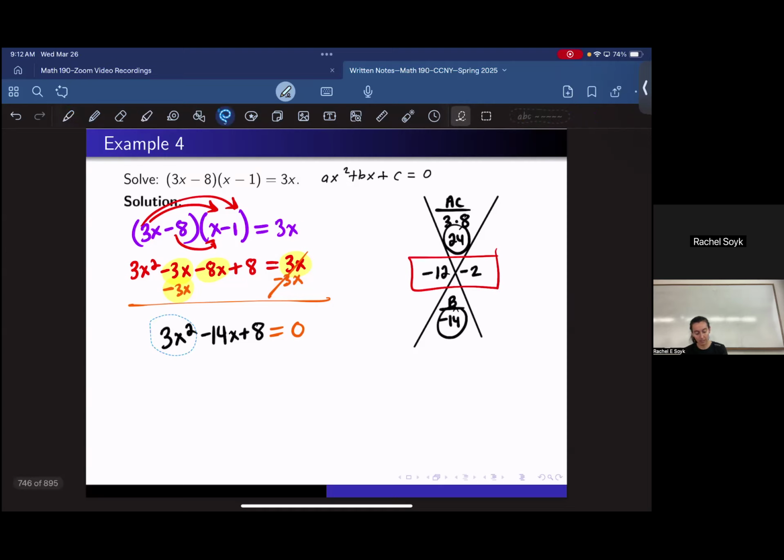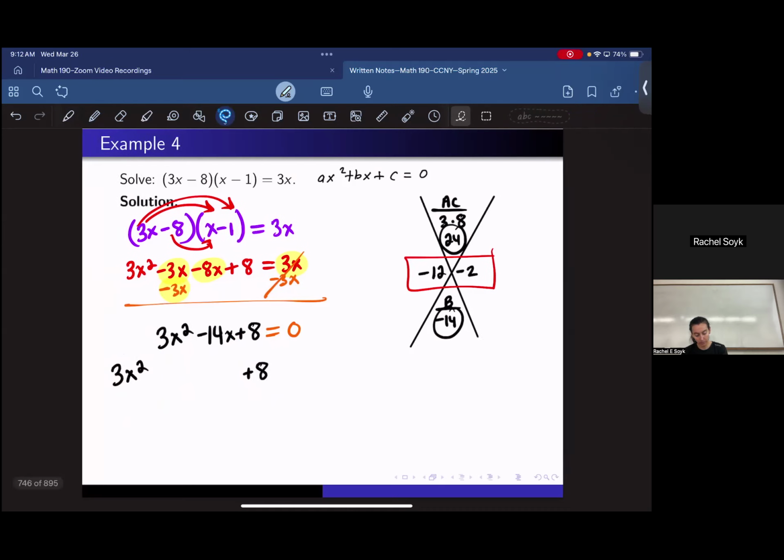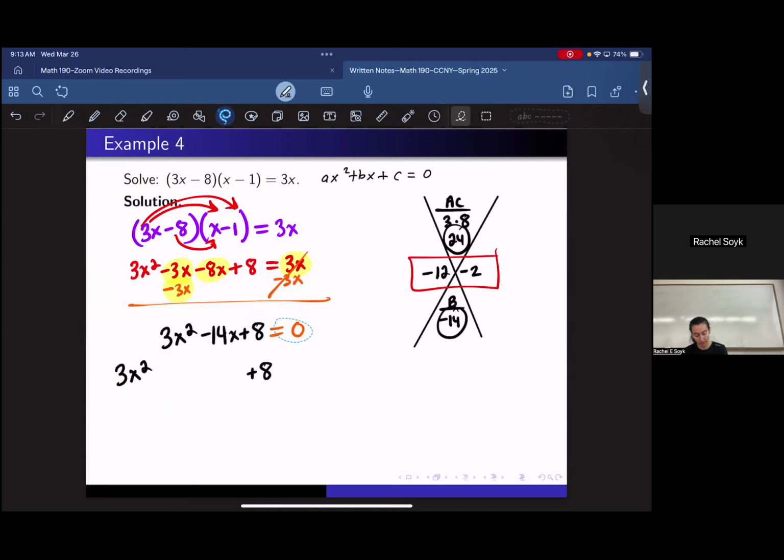I'm going to go ahead and keep that first term, keep that last term, manipulate that middle term. So instead of looking at negative 14x, we're looking at negative 12x minus 2x, which if you add those together, you get that negative 14.